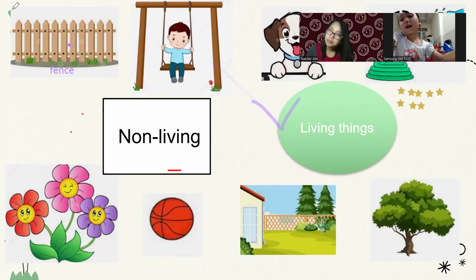Because the boy needs water, and the boy gets sick, and the boy has a mom. The boy is a living thing. That is correct. Does it need air to breathe? Inhale, exhale. Does it need air to breathe?